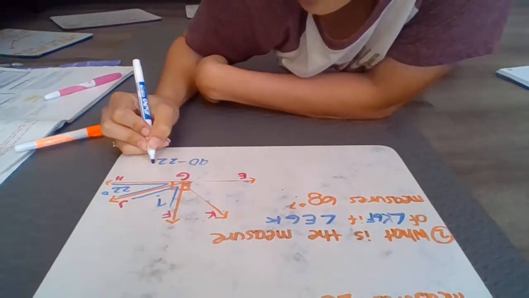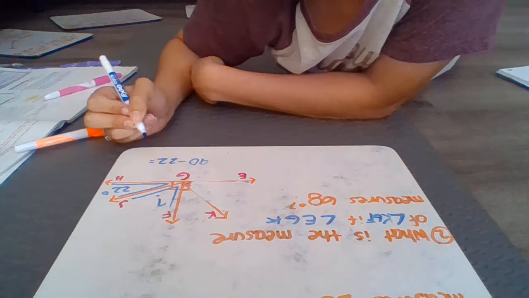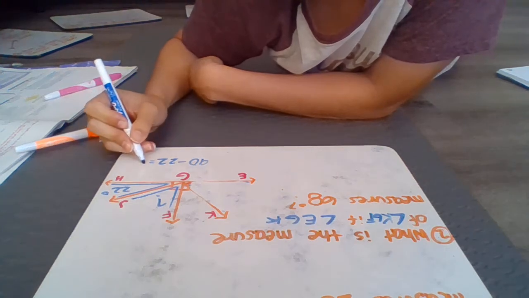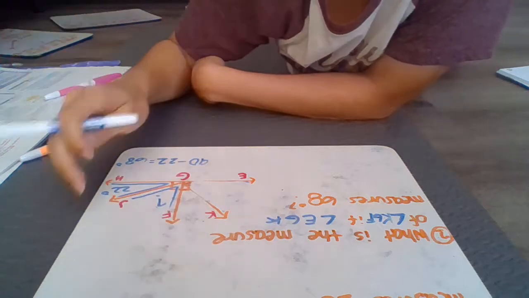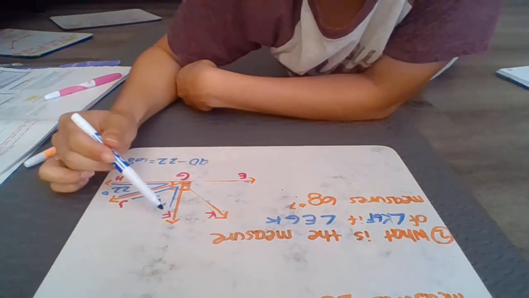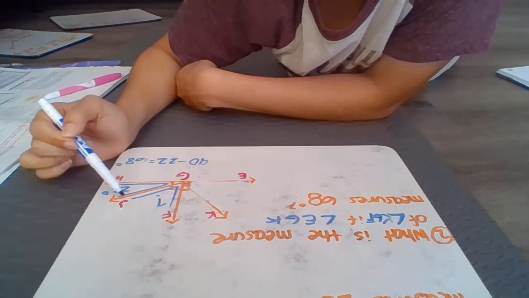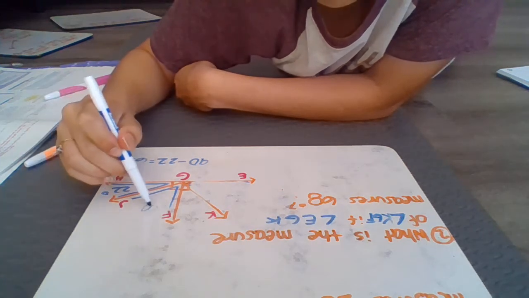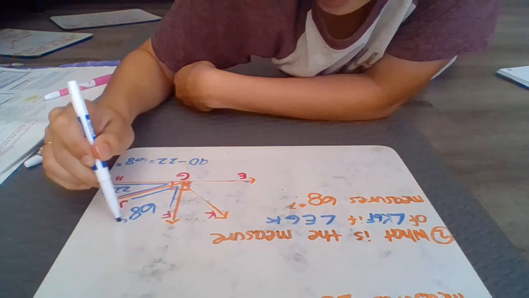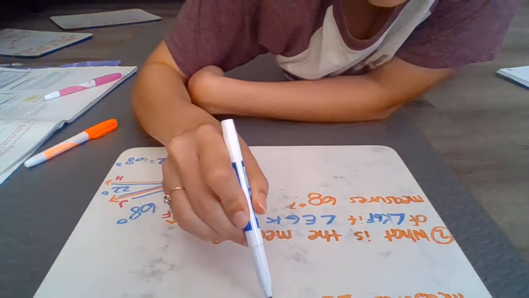So I'm going to subtract 22 from 90 and I am going to get 68 degrees. So I know that angle FGJ is equal to 68 degrees.